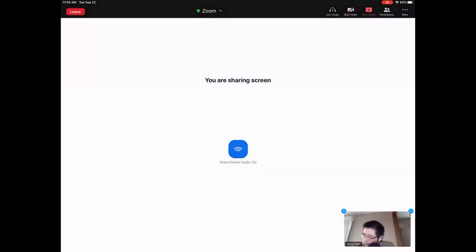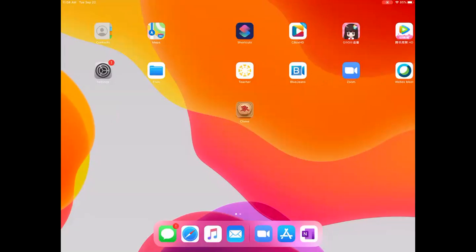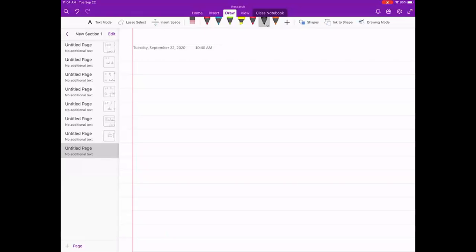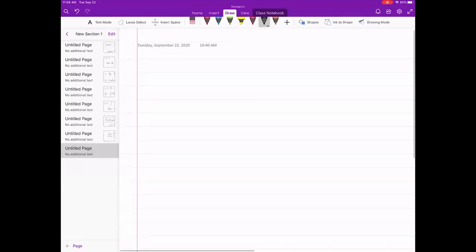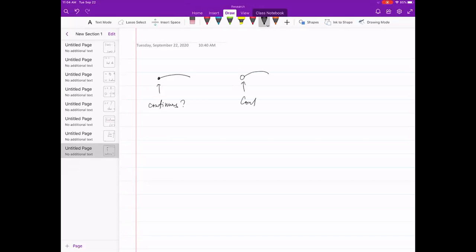Okay, so our question narrows down to here. Question is, is this one continuous? And also, if you have a circle here, is this one continuous?